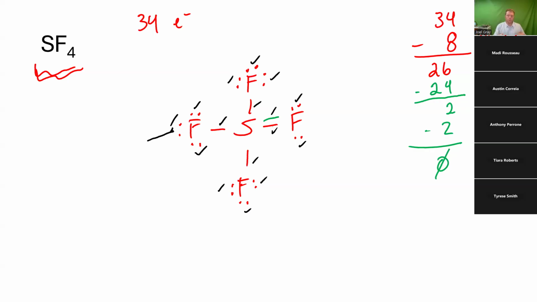In the event that you're struggling with this from the jump, don't stress about it too much, because double bonds and triple bonds are kind of unique circumstances that we're not going to see too often, but we will see them. I would just be a little bit judicious as to when you use a double bond or a triple bond. But with that said, sulfur is an atom that can exceed the octet.